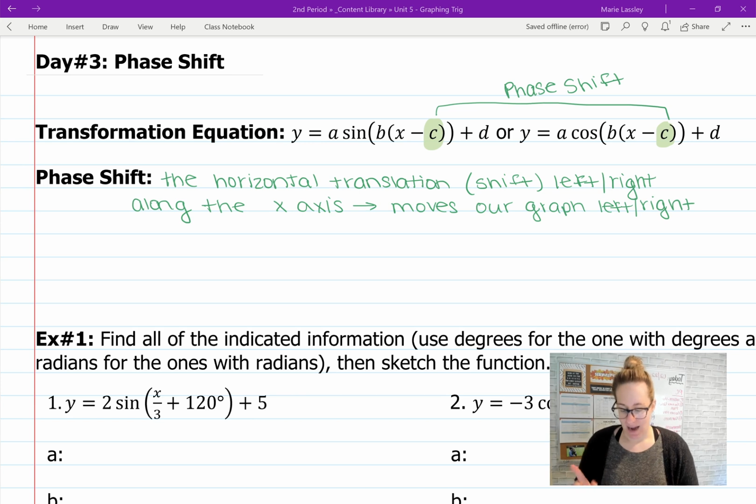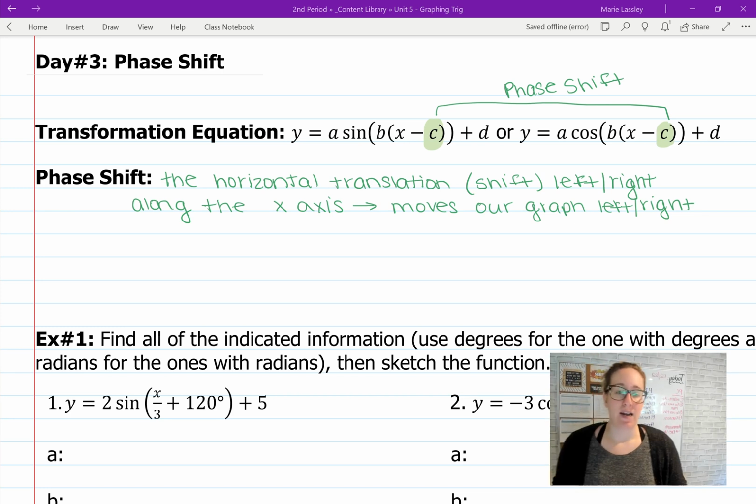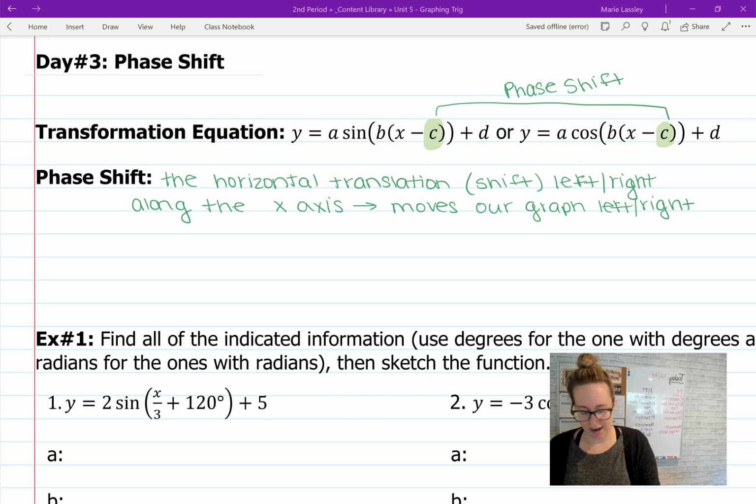Now, one important thing that we talked about in our last video, but I just want to re-talk about it. When you're given one of these equations, just like on your last homework, the B value is not usually pulled out at first. So looking at an example, we're not actually going to do this one, I'm 100% making this up.